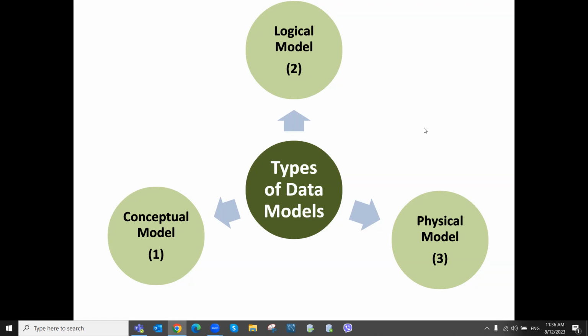Suppose your database is Oracle, and Oracle says you cannot have a column name or table name of more than 30 characters. Then you find that some of the attribute or entity names you defined in the logical model are more than 30 characters, so in the physical model you cannot keep them. You have to introduce some shortcut, or maybe a separation between two words, like customer underscore name. Those are database related constraints you have to follow when you transform the logical to the physical model.